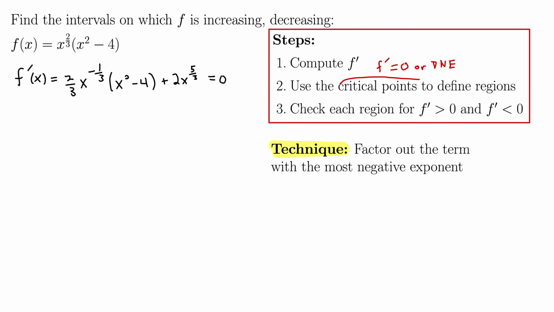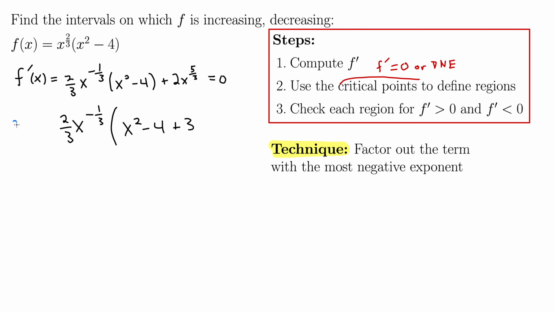Okay, well, what happens when we factor that out? I'm actually going to bring the 2/3 along with it for the ride. So I'm going to factor out 2/3 x to the negative 1/3. Well, that leaves behind x squared minus 4 plus 2 divided by 2/3, which is 3.